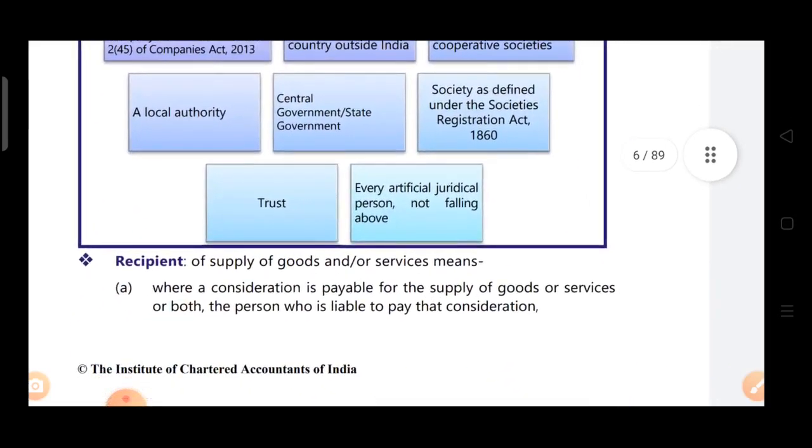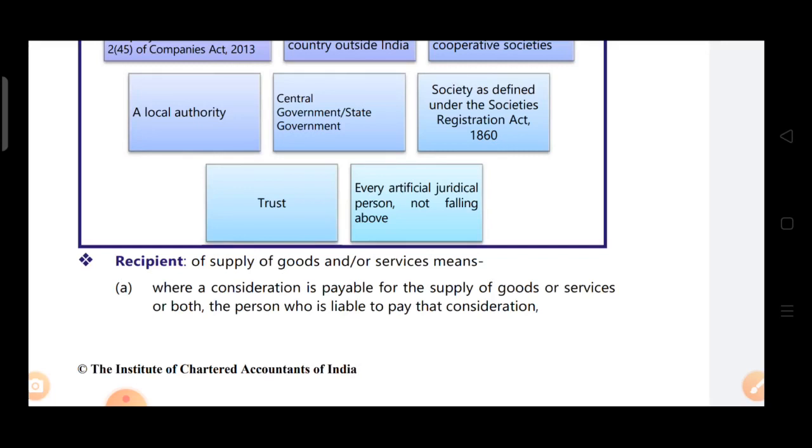Now, recipient. Recipient means the person who receives the service, who pays the consideration. Now see what they have written. Recipient of supply of goods or services means, where a consideration is payable for the supply of goods or services or both, the person who is liable to pay that consideration.